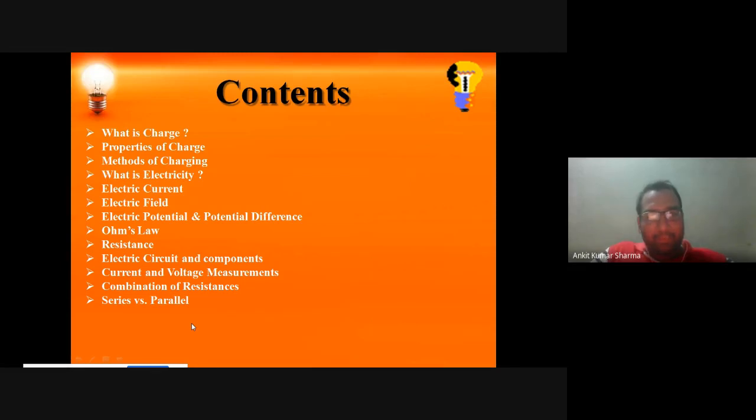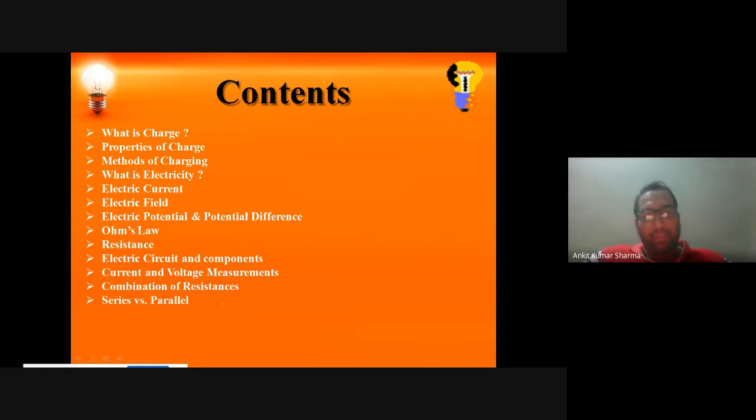And then a basic description is given about Ohm's law and resistance, electric current and their components, and electric circuits and their components. Also the current and voltage measurement, and how to measure the current and the voltage, we will discuss in this section.